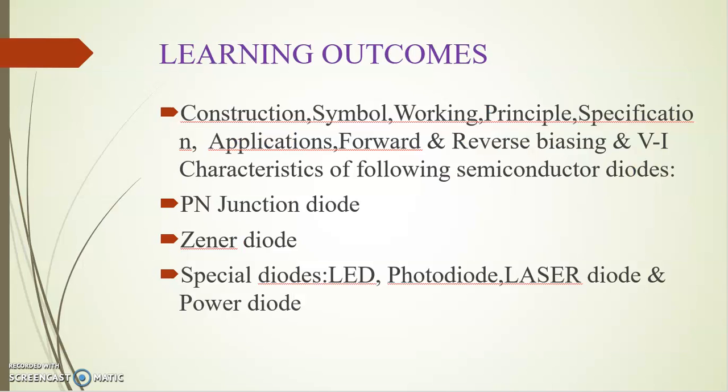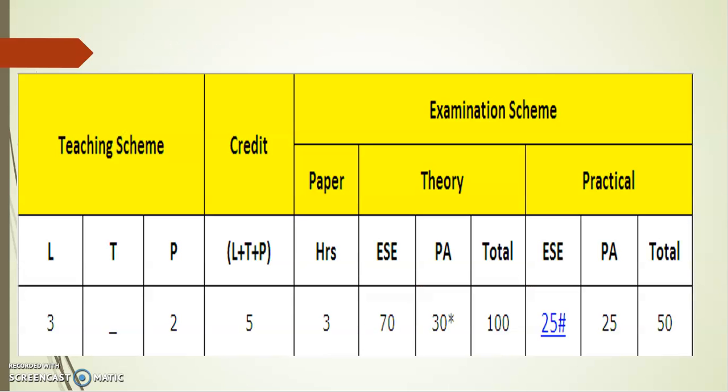It has a total of 5 chapters. Chapter 1 is the Semiconductor Diode. In this chapter, you have to study the construction, symbol, working principle, specification, application, and forward biasing and reverse biasing of the diode and its VI characteristics.